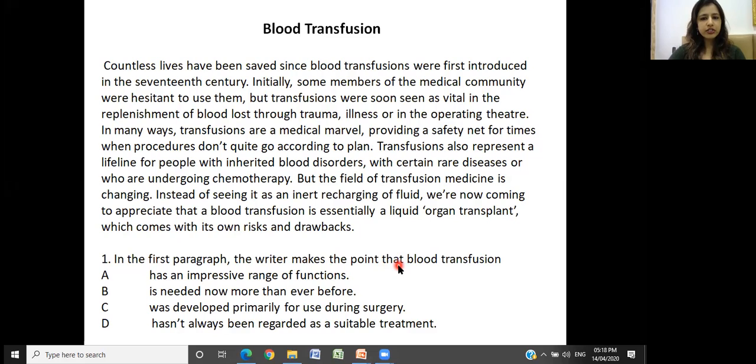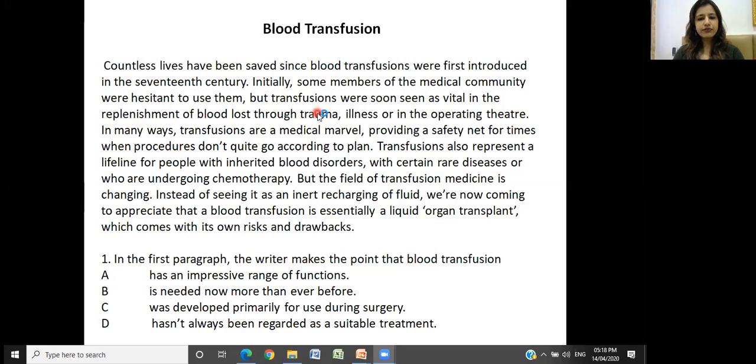Once you have read the question, you go to the paragraph. And when you go to the paragraph, you try and find out the topic sentence of the paragraph. So how do we identify the topic sentence? Will every time the first line of any paragraph be the topic sentence?